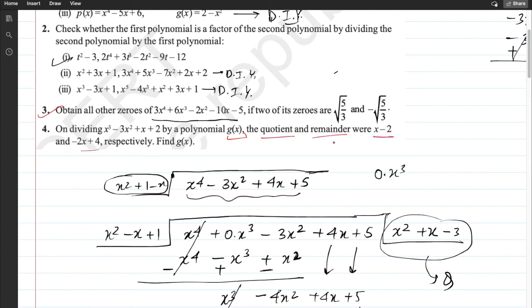So the quotient q is x minus 2 and the remainder is minus 2x plus 4, and this is given, okay, on dividing this. Alright, so this must be the dividend. According to the question, this is dividend. Alright, and gx will be the divisor.